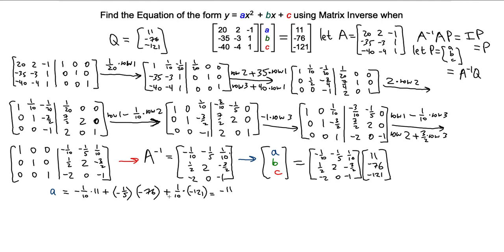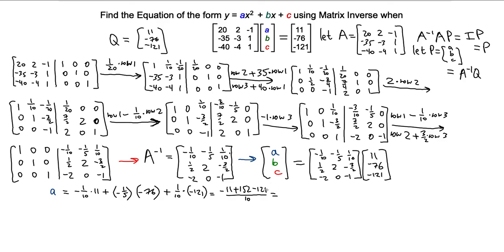And I'm going to use the LCD right away. So it's going to be what? It's going to be 76 times 2 is 152. But there's a positive because 2 negatives, so plus 152. And then minus 121. They will have the same least common denominator of 10. So that should give me what?